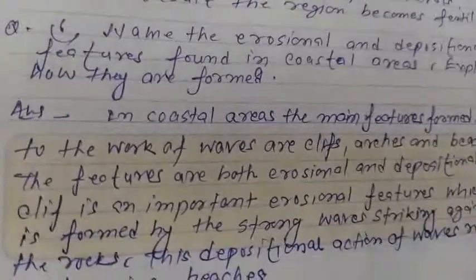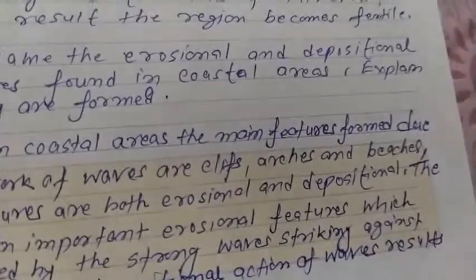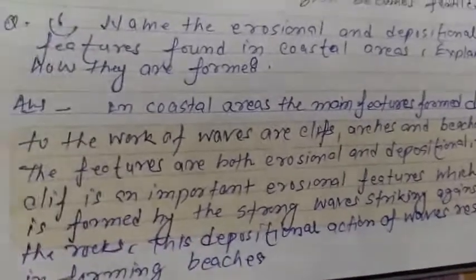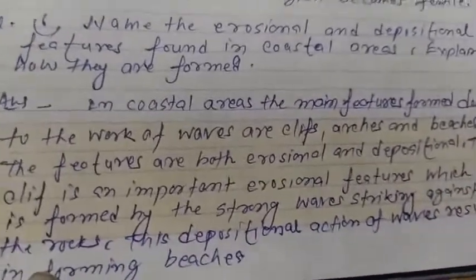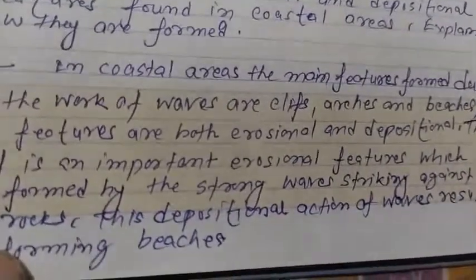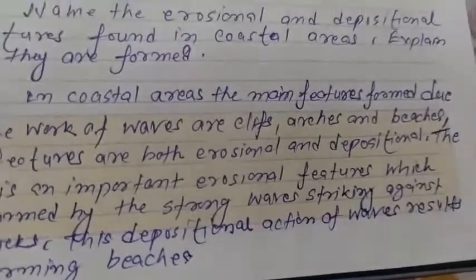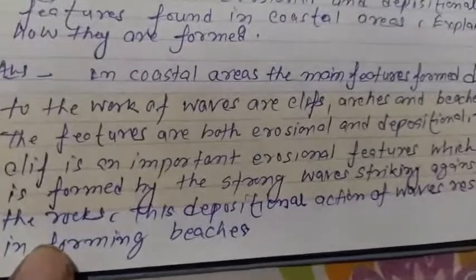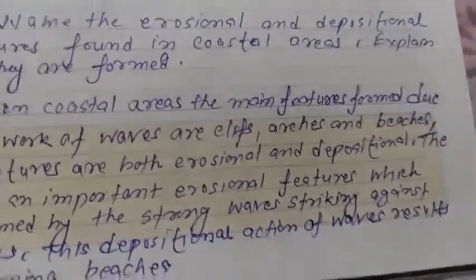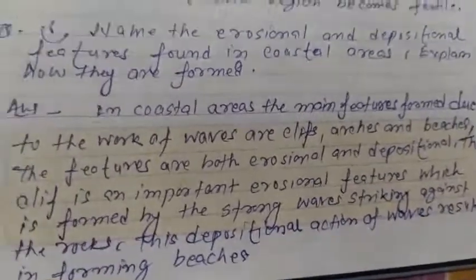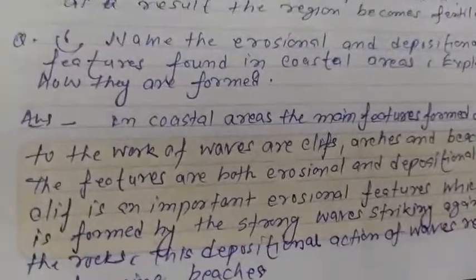The features are both erosional and depositional. The cliff is an important erosional feature which is formed by waves slowly striking against the rocks. The depositional action of waves results in forming beaches.